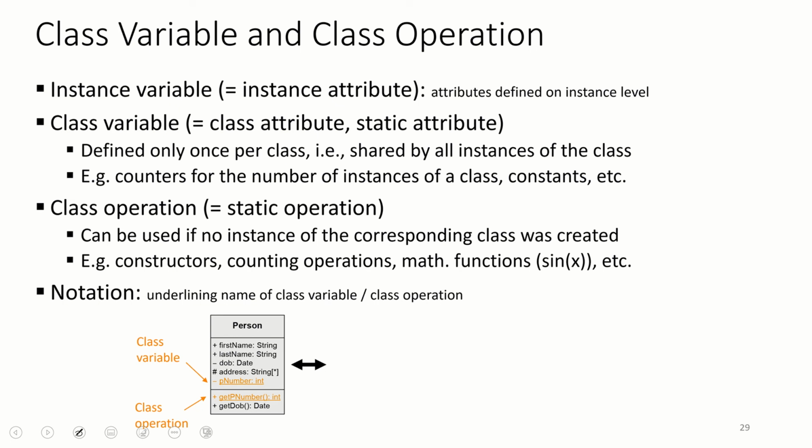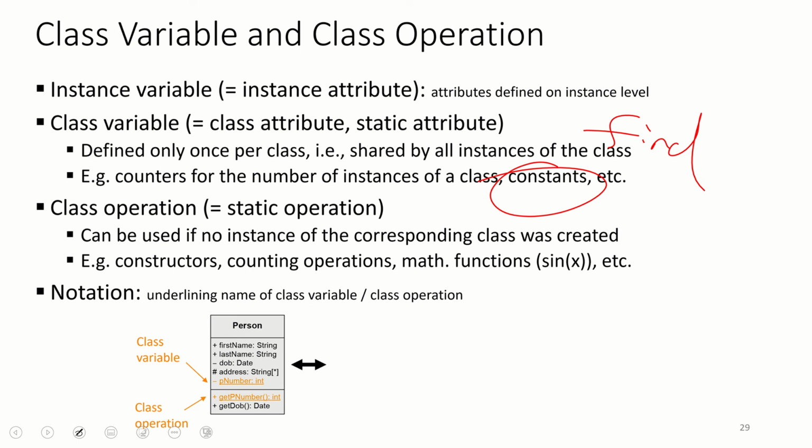We can talk about this as class attributes or static attributes. It's only defined once, and shared by all instances. So you can consider it something like a constant. What is a constant? As we say, we use final to make a constant number. A constant number means it never changes in the future.